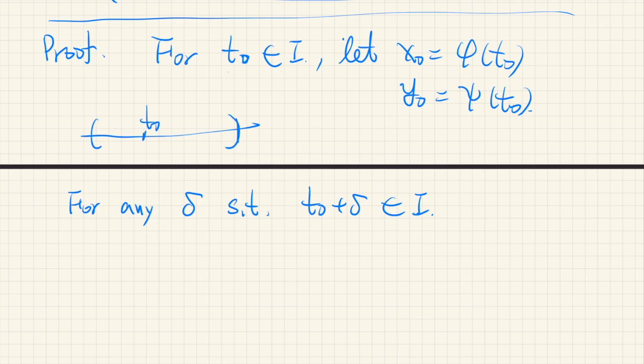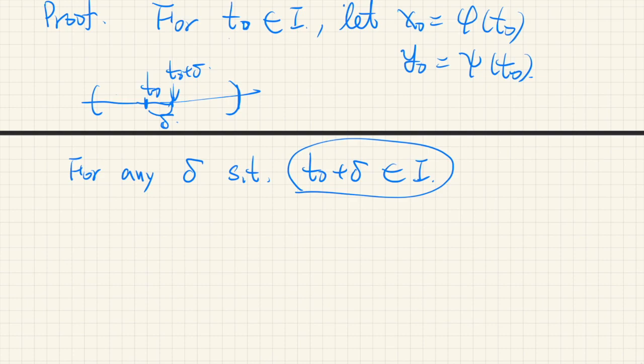We pick t0 and take a small enough delta. It can be positive or negative. So let's say in this case it's positive. So this is t0 plus delta. So pick any delta so that t0 plus delta is still in the interval I.